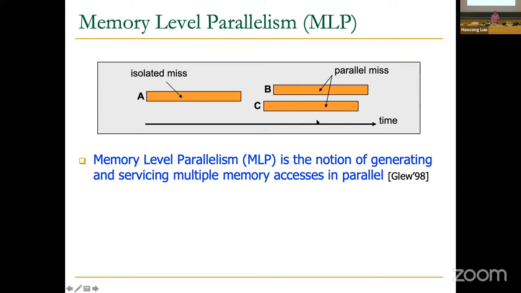That's the assumption. But these two misses are serviced in parallel. You generate cache miss C and then cache miss B, and they're serviced in parallel in different banks, for example, in DRAM. As a result, their latencies are overlapped. That's the notion of memory level parallelism. It's really the notion of generating and servicing multiple memory accesses in parallel.